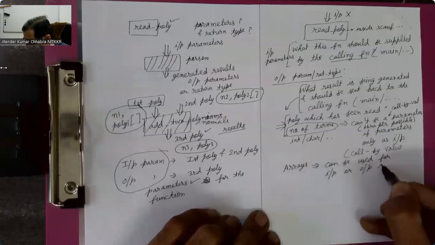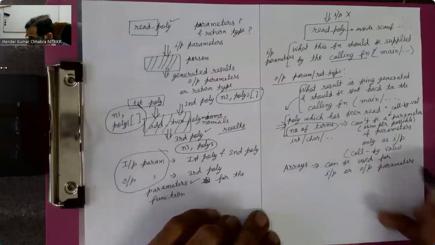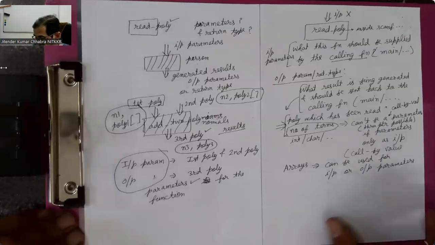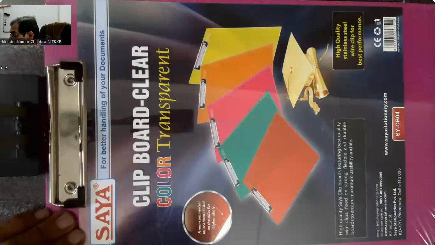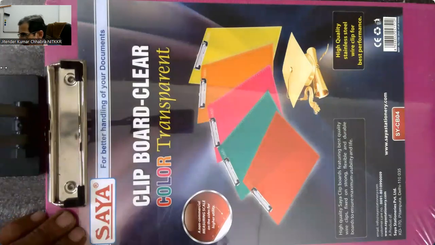So my work becomes simple. Hence, I can say my logic can be simple: for read poly, the polynomial which is being read can be returned as output via parameters, and the number of terms can be via return type. Return type can be only one, so I have no choice.